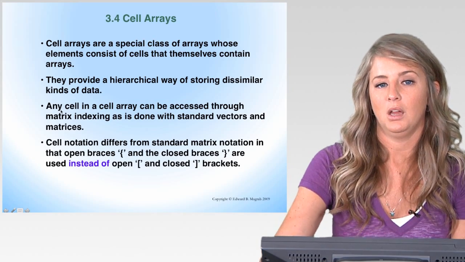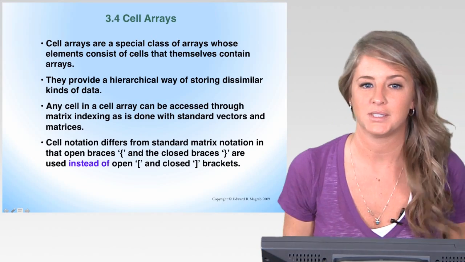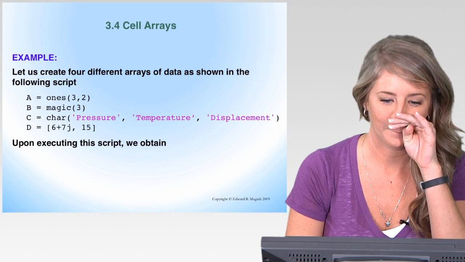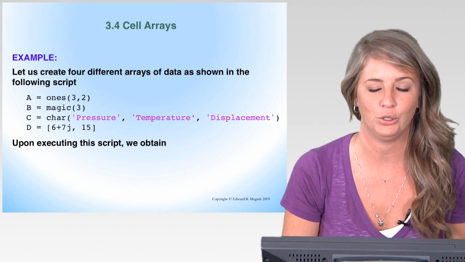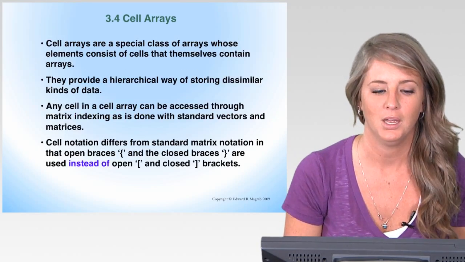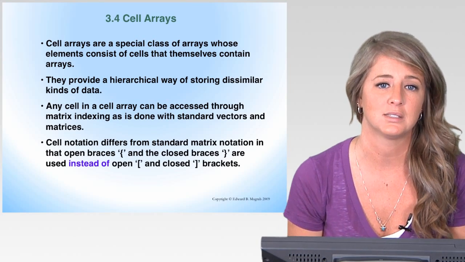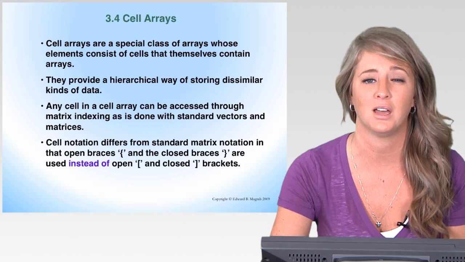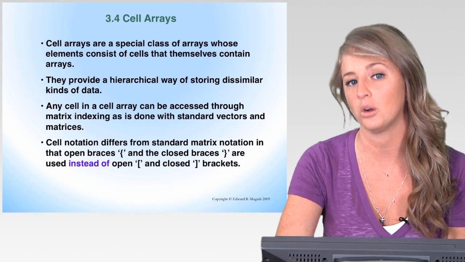Cell arrays. First let me say that pretty much summed up the strings and how you create them and manipulate them. Now we're going to talk about cell arrays. And cell arrays are a special class of arrays whose elements consist of cells that themselves contain arrays.